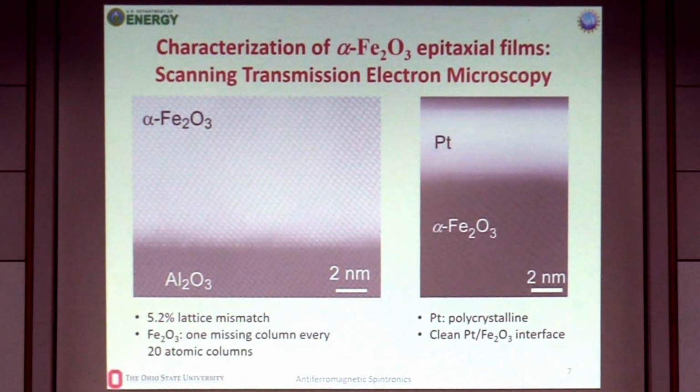So you can grow really high quality epitaxial film on that. Right? Imagine the 101 platinum, which is its favored orientation, grown on the 001 axis of the hexagonal lattice. We grow this at room temperature, but within this view, it appears epitaxial.